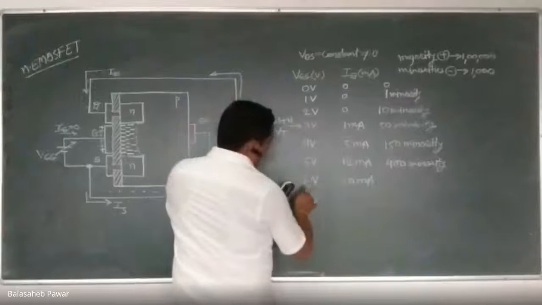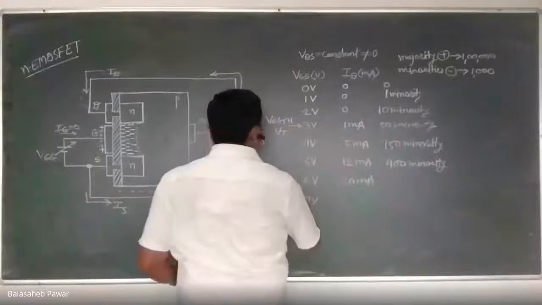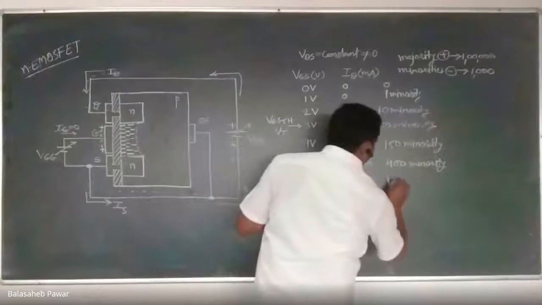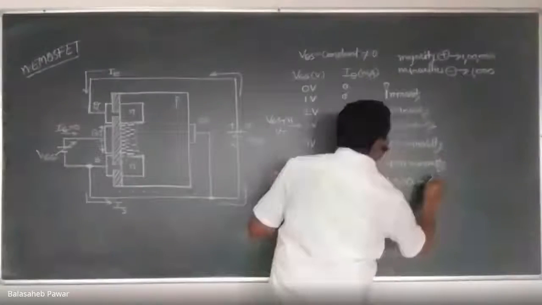Yes, sir. Now, what I will do is again increase that VGS from 5 to 6. By that 5 to 6, I will consider all minorities, that is 1000, will get attracted.